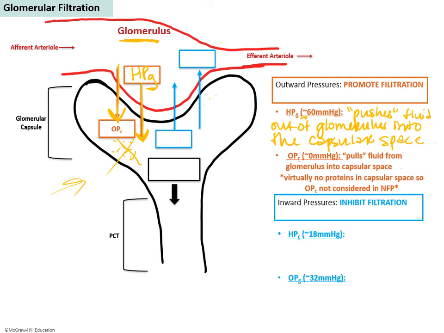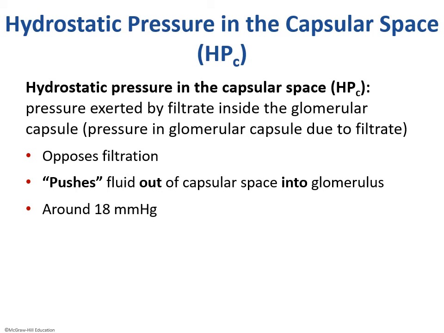All right, let's continue on. Next we're going to talk about the hydrostatic pressure of the capsular space. This is going to be an inward pressure that inhibits filtration. So it is a hydrostatic pressure, still going to push fluid out of an area. Let's look at this subscript here. It's going to push fluid out of the C, the capsular space, into the glomerulus.